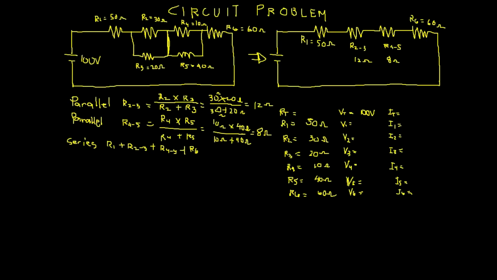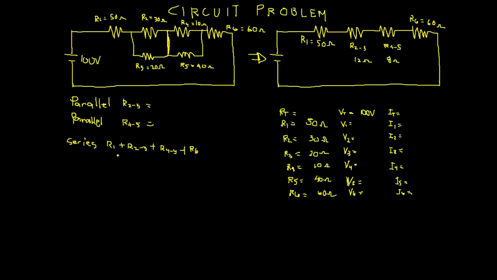Delete natin to. So, ngayon, since meron na tayong R2-3, R4-5, makukompute na natin yung total resistance. Ang R1 is 50 ohms plus R2-3 natin is 12 ohms plus 8 ohms plus 60.